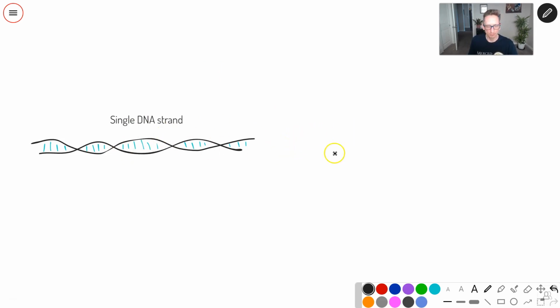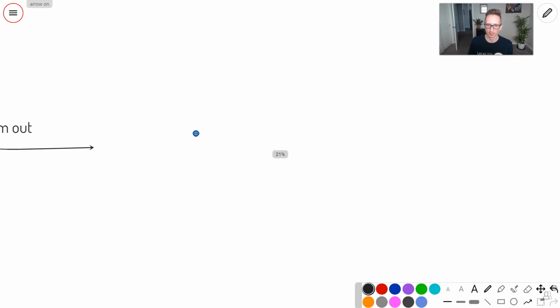Okay, now we're going to zoom out a little bit. We're just kind of real zoomed in on a little section. We're going to zoom out, and what we notice, we've already talked about this before, but there's also protein that the DNA is wrapped around. I'm going to actually just copy this.